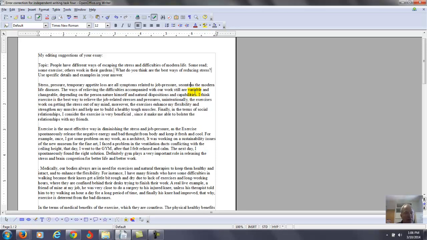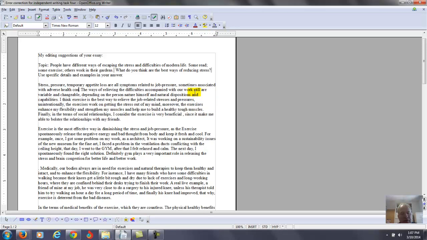So we have stress, pressure, temporary appetite loss, all symptoms related to job pressure, sometimes associated with adverse health consequences. Now, job pressure doesn't always cause disease, right? So I'm trying to give you a little bit broader idea, but we do associate job pressure with stress, and stress is commonly associated with negative health consequences.